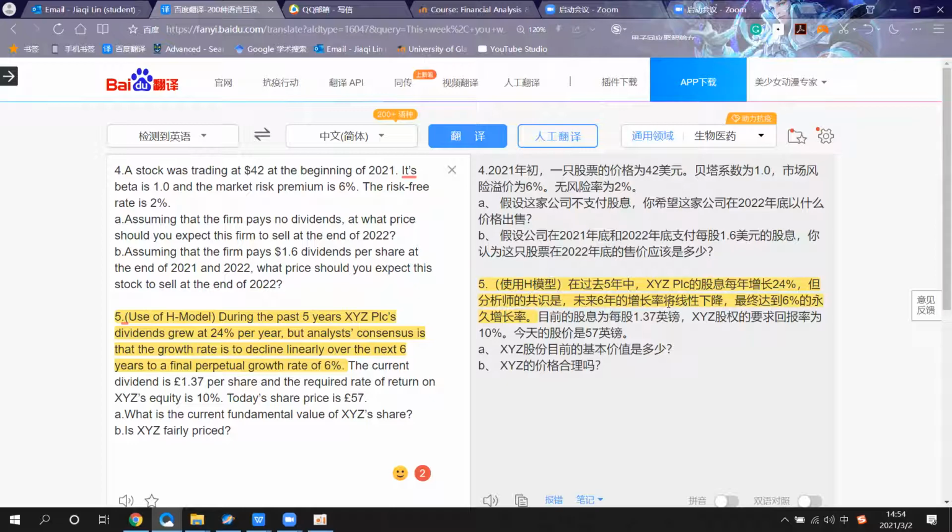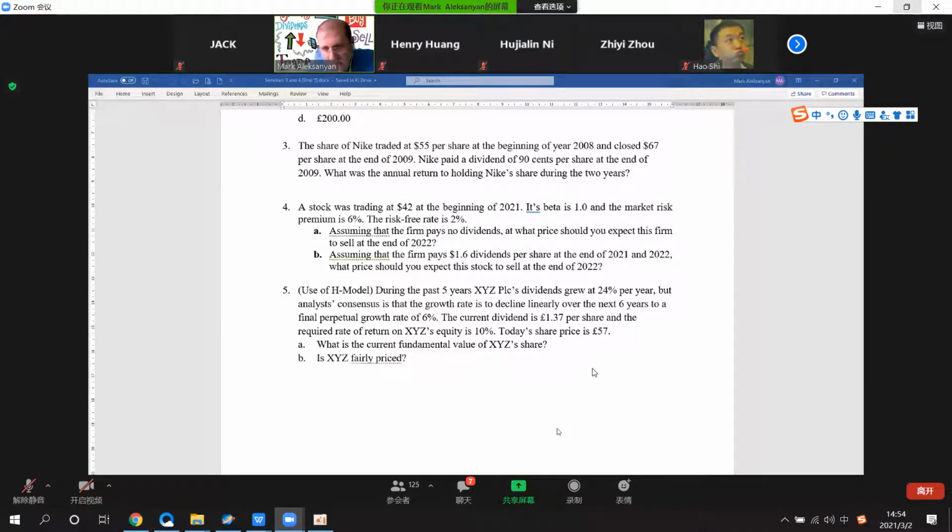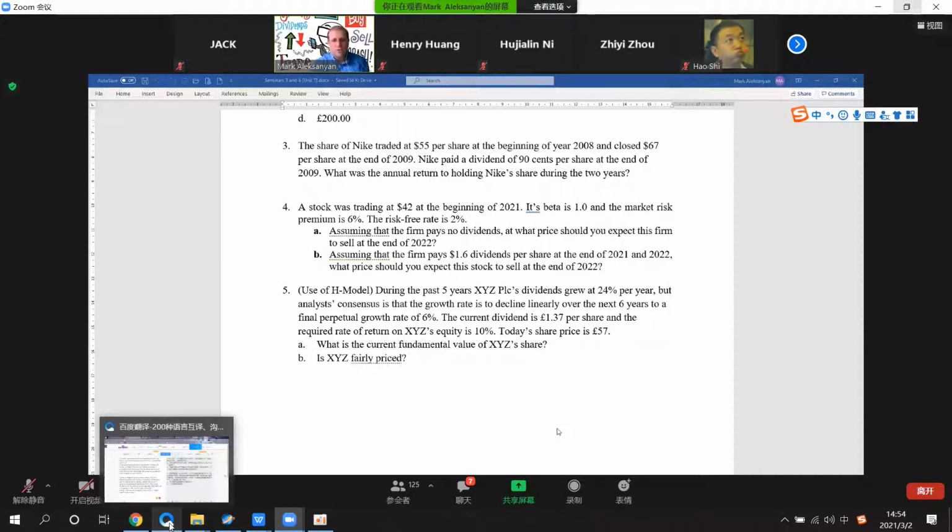Okay, so in this question, the long story short, we have a situation where dividends are expected to grow at a changing growth rate over the first 6 years. The way the growth rate for dividends is changing, it's going down. In the first year, the growth rate of dividends is assumed to be 24%.